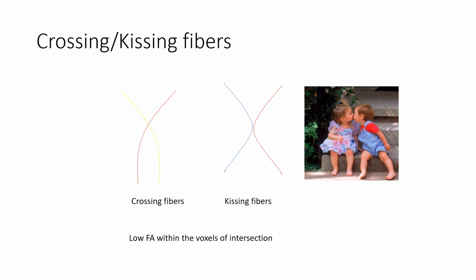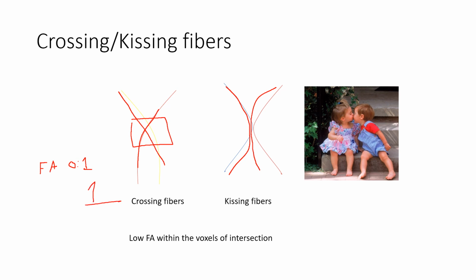So I had drawn earlier, there are instances where we have a lot of crossing fibers, where we have fibers that appear to kiss, and they just touch. And within those areas, right where that intersection is, we're going to have low fractional anisotropy. So remember, FA ranges from 0 to 1, and 1 we assume is very directional. 0 is going to be isotropic, 1 is anisotropic.